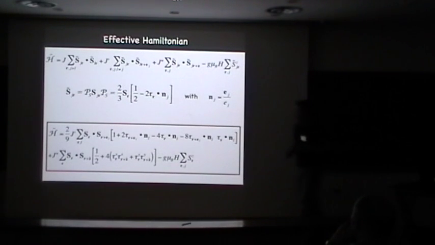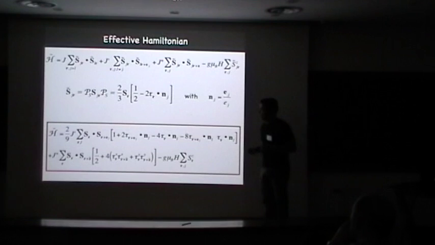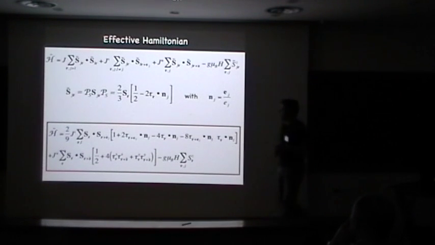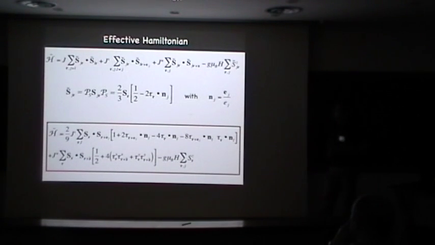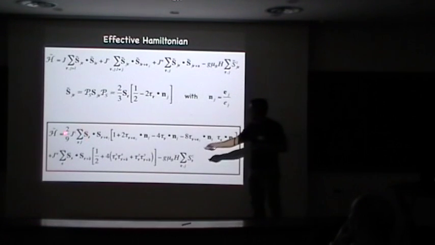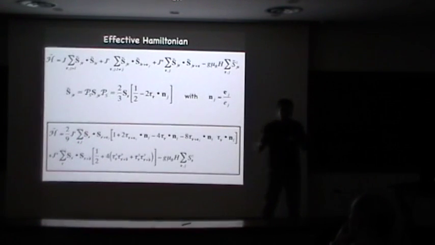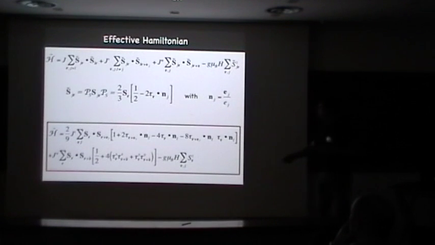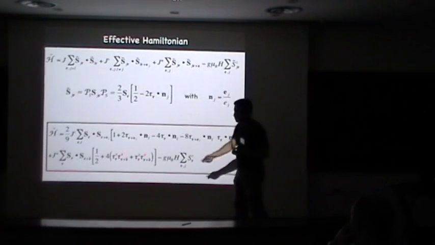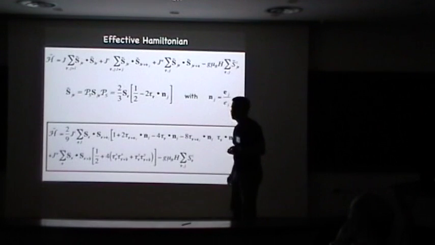Okay, so now in order to analyze this Hamiltonian better, let's assume for the moment that the intralayer interaction is 0, J prime is equal to 0. So we only get this interaction along the chains. Red triangles are on top of red triangles.